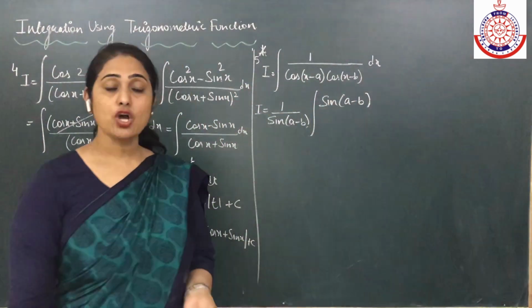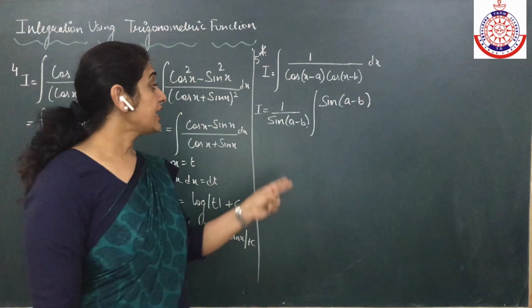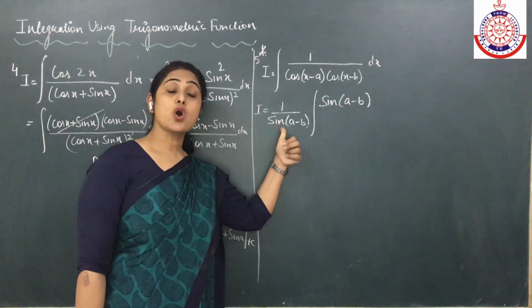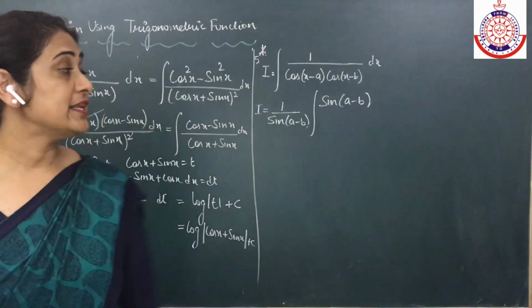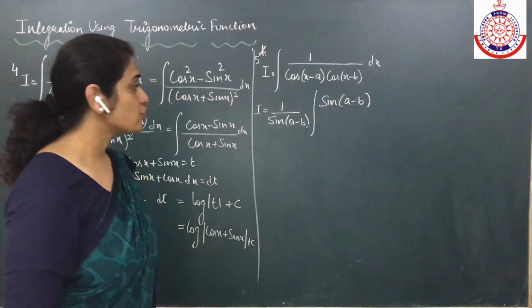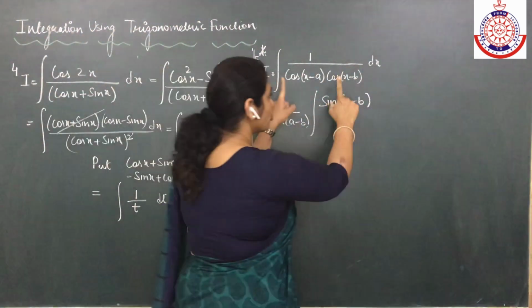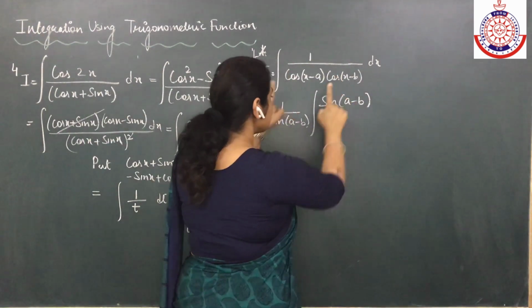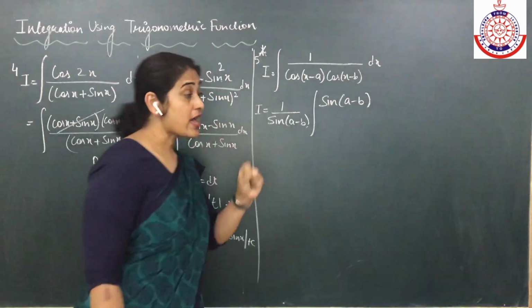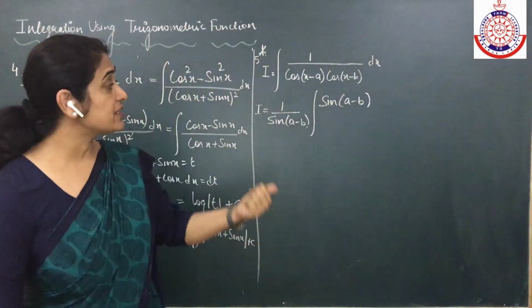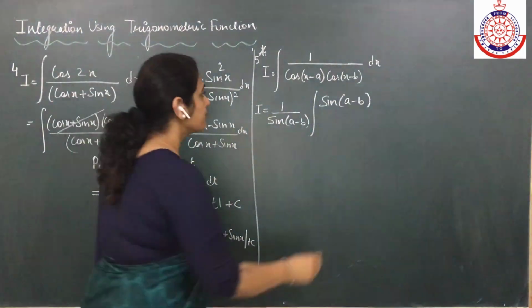If you have a combination of sine and cos, then you will divide and multiply by cos a minus b. Alright, the reason you will come to know after this. If you have both cos, both sine, fine, you have to multiply and divide by sine. If you have one sine, one cos, you have to multiply and divide by cos.